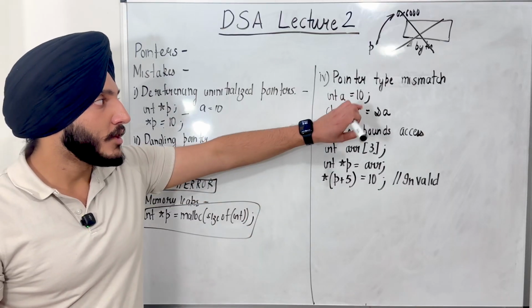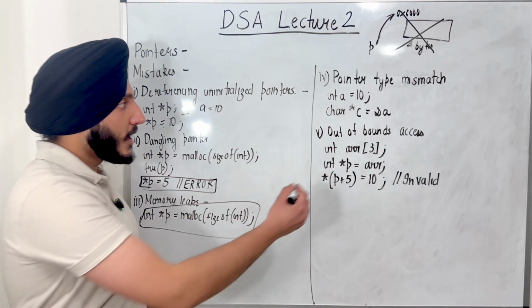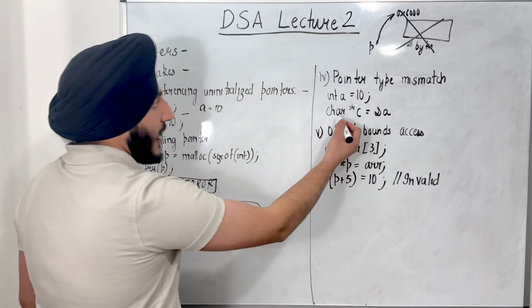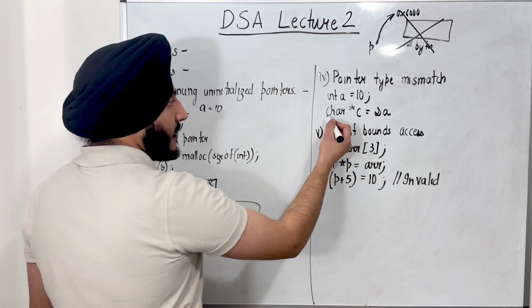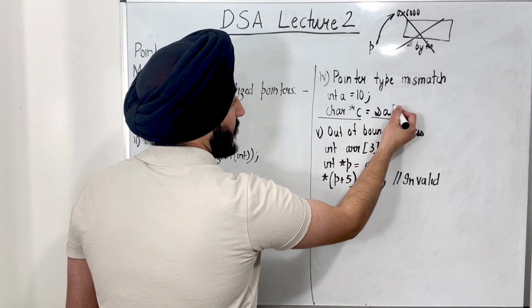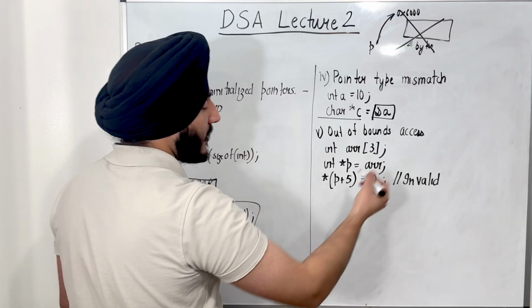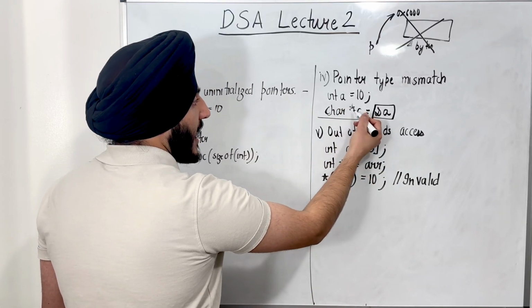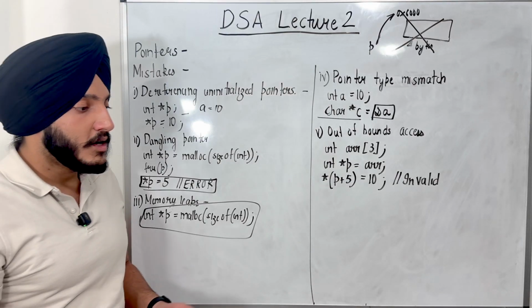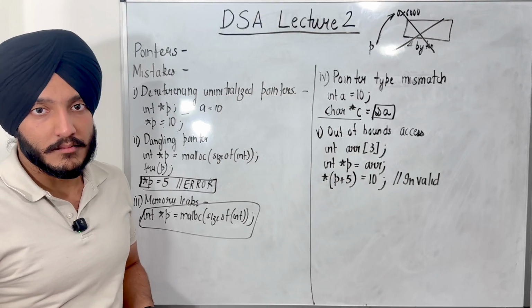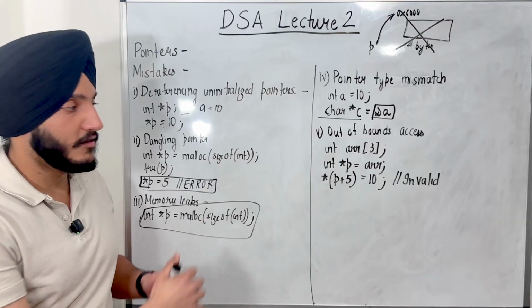So we need to make sure that we don't make that mistake. If you look at this code snippet, I declare an int a equal 10, but then I create a char pointer and set it as the address of a. This would be incorrect, because a char pointer should point to a char, which requires only 1 byte, or the space that a char needs.